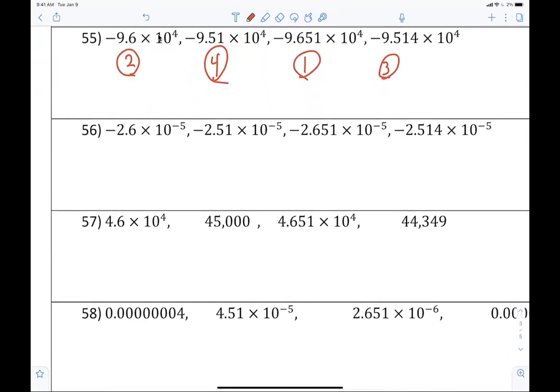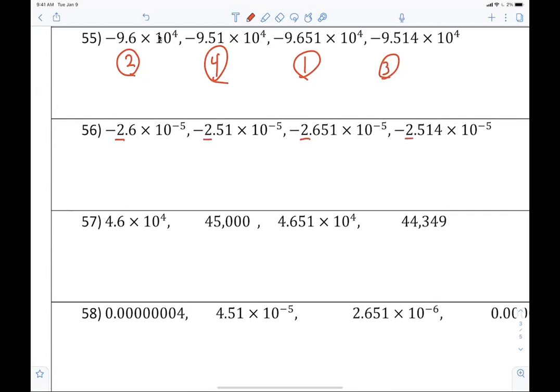All right, Noah, come on now. 2.51. Why? Because it has. No, that has nothing to do with it. Which one is the biggest negative? Why? These are the same numbers, correct?